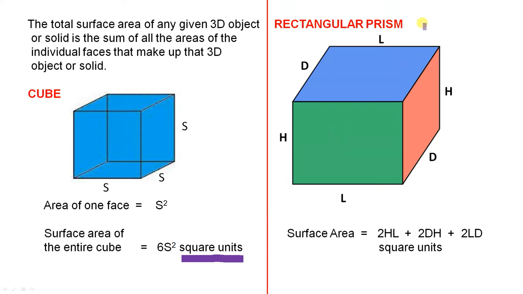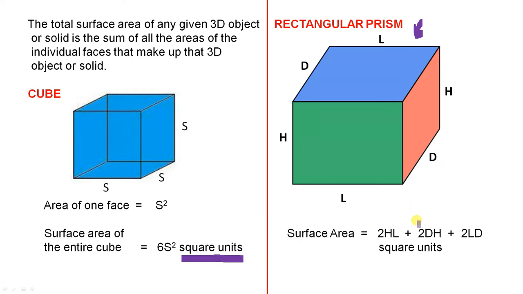Here we have a rectangular prism. We have L here, D there, and H there. So the surface area will be 2HL, so that's HL, and the side at the back, right at the back there behind, that's also HL, so that gives us 2HL.